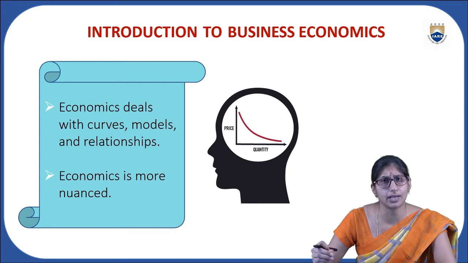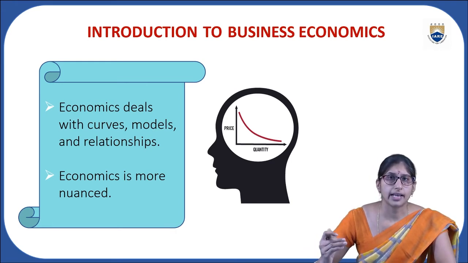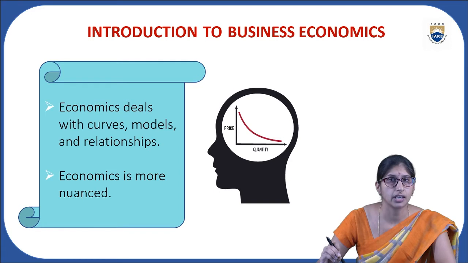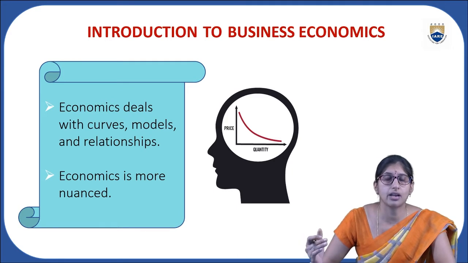Coming to micro level economics, we study a minute part of each and every activity. We take a single small unit and study it. That is microeconomics. And when we unite everything and study an activity or a society as a whole, we call it macroeconomics.